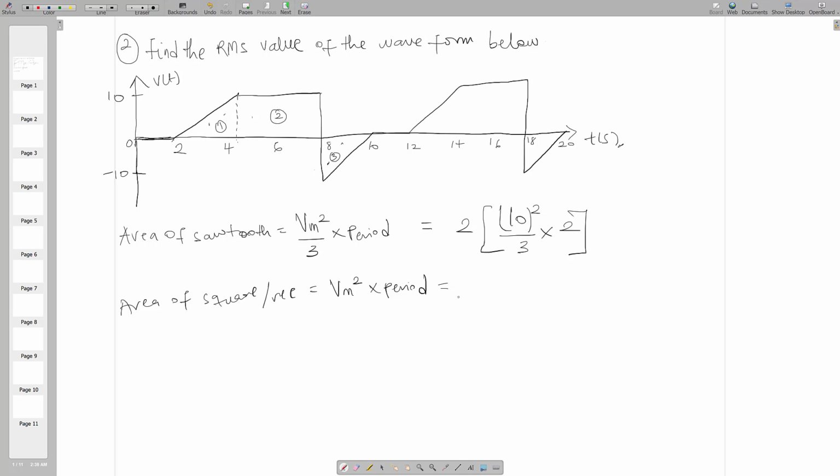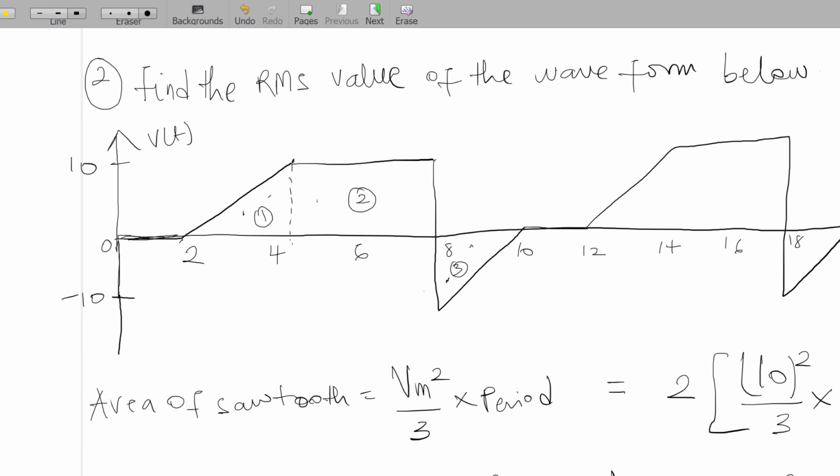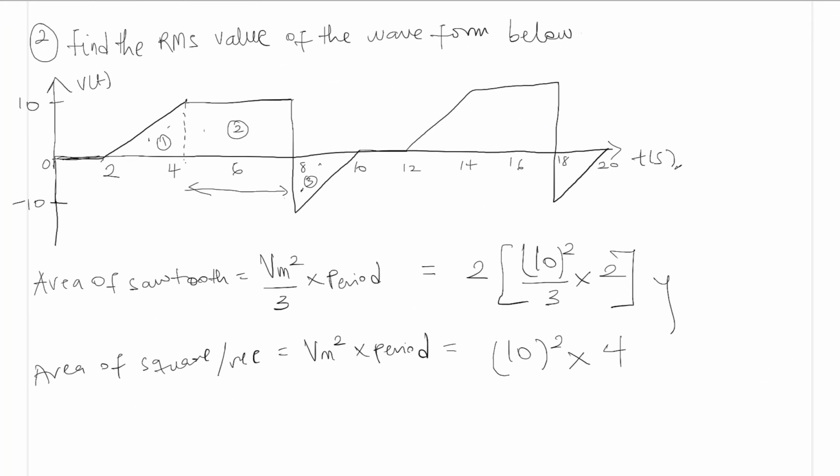And let's try and find the area under the square or the rectangle. We have our Vm, the amplitude or the peak, which is 10. From the formula, it should be squared times the period, in this case from 4 to 8, which is 4. So when we add this and this, we should get the area under the full cycle.